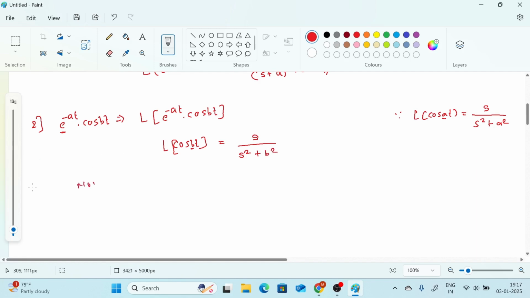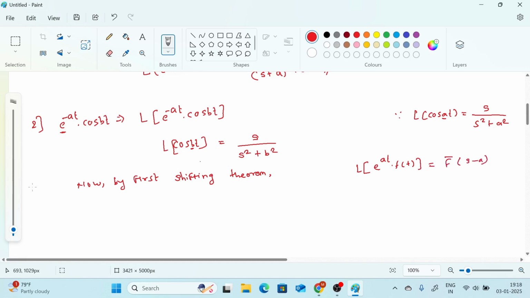Now by the first shifting theorem, what we will get is, the first shifting theorem: Laplace of e raised to at f of t is f bar of s minus a.